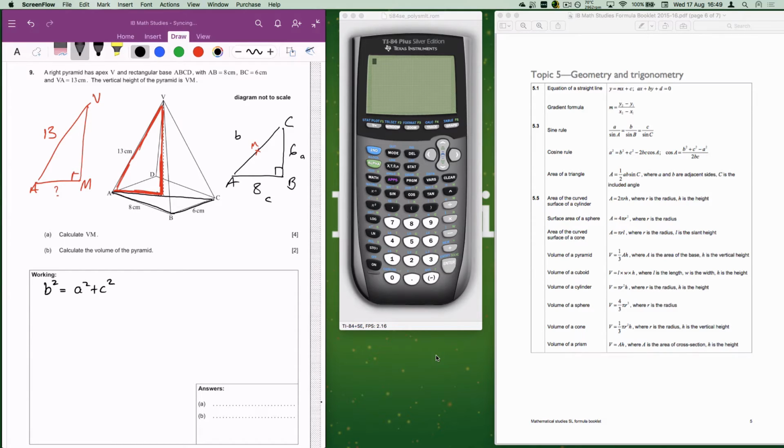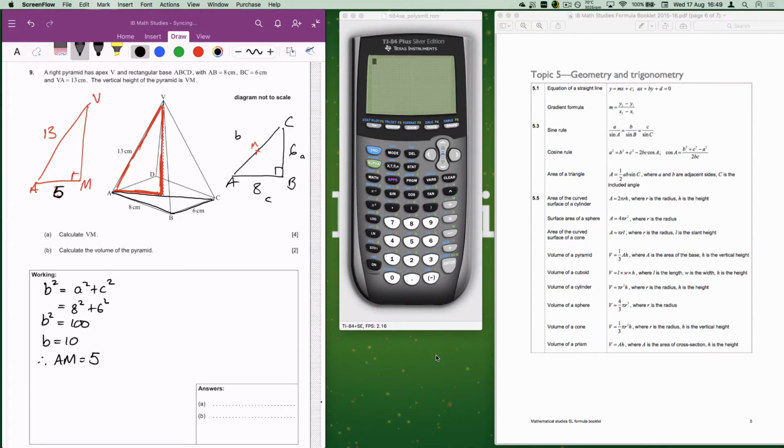So then we've got 8 squared plus 6 squared, which equals 100. So b squared is equal to 100, so that means b equals 10. Therefore AM must be 5. So that means we can write 5 here.